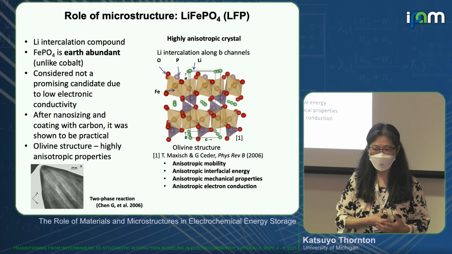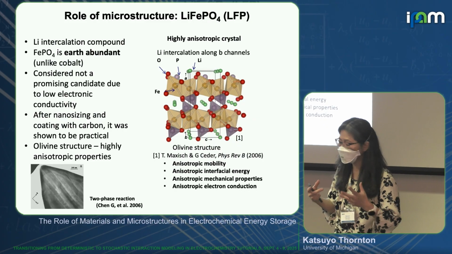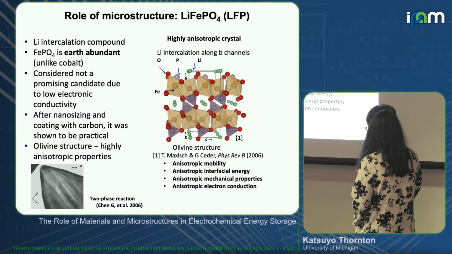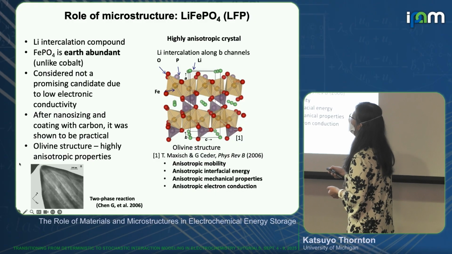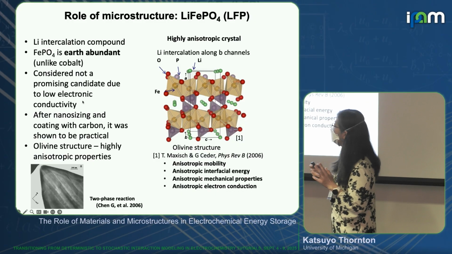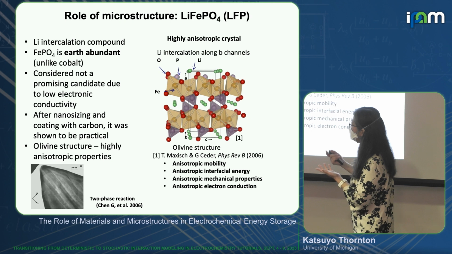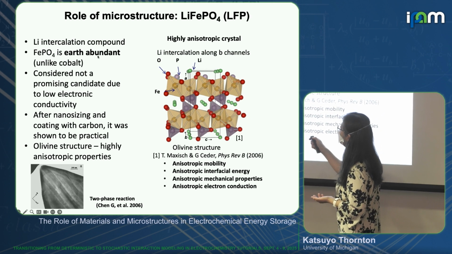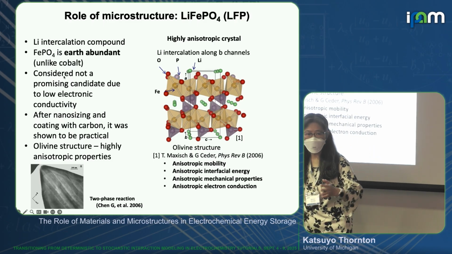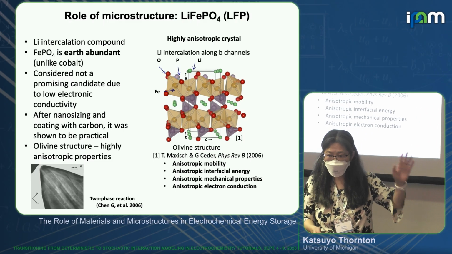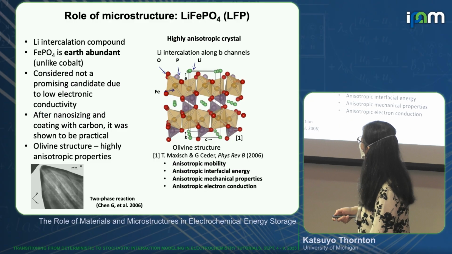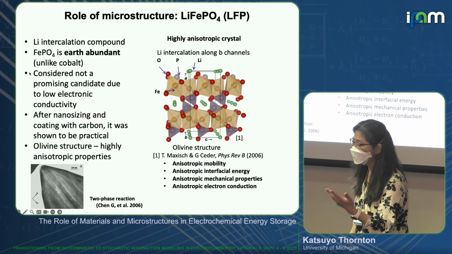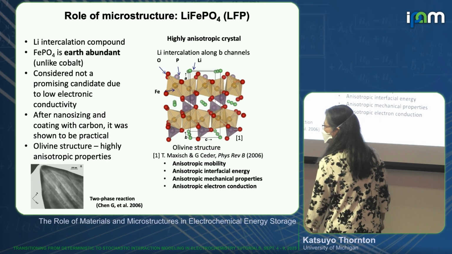You can get the lithium in and out of these materials without destroying the crystal structure. You can make this material with lithium or without lithium. It's nice because it's earth abundant. A lot of battery materials have cobalt, rare earth, but this is iron. You can find it.